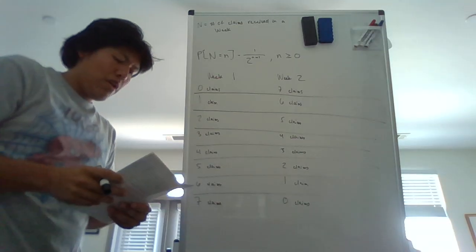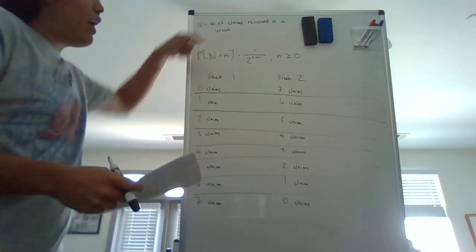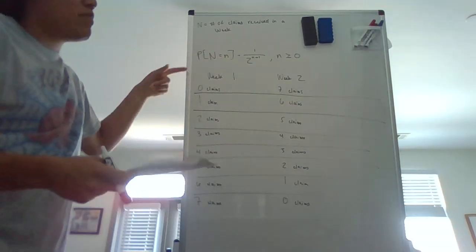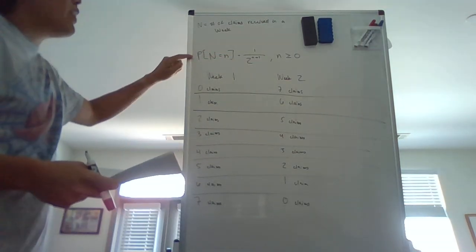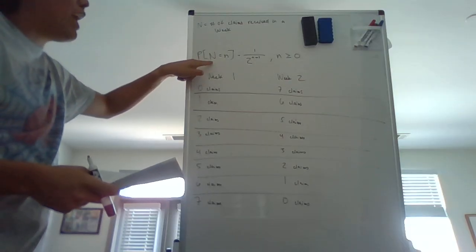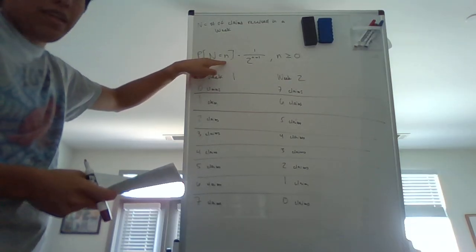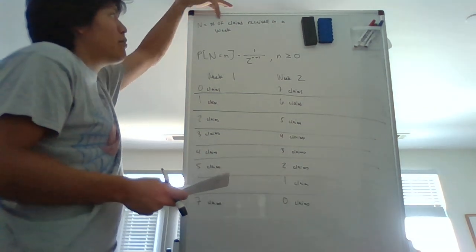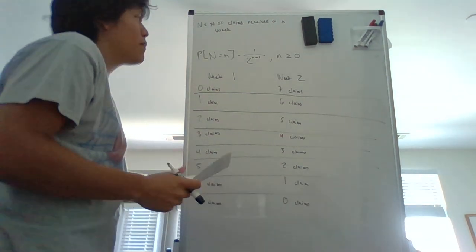Now, how do we use this? They gave us this for a reason, but how do we use it? Well, it tells us that capital N is equal to lowercase n. And it also told us that capital N is the number of claims received in a week.